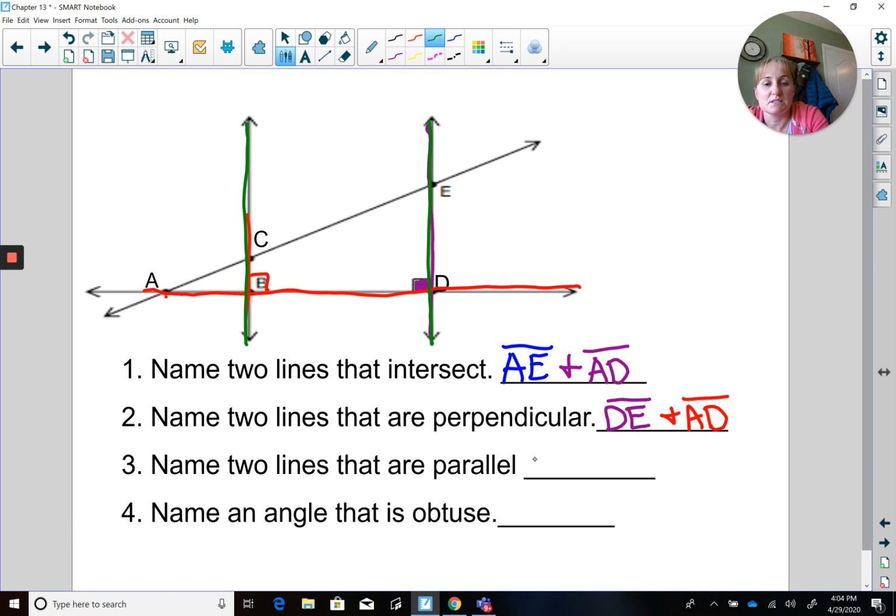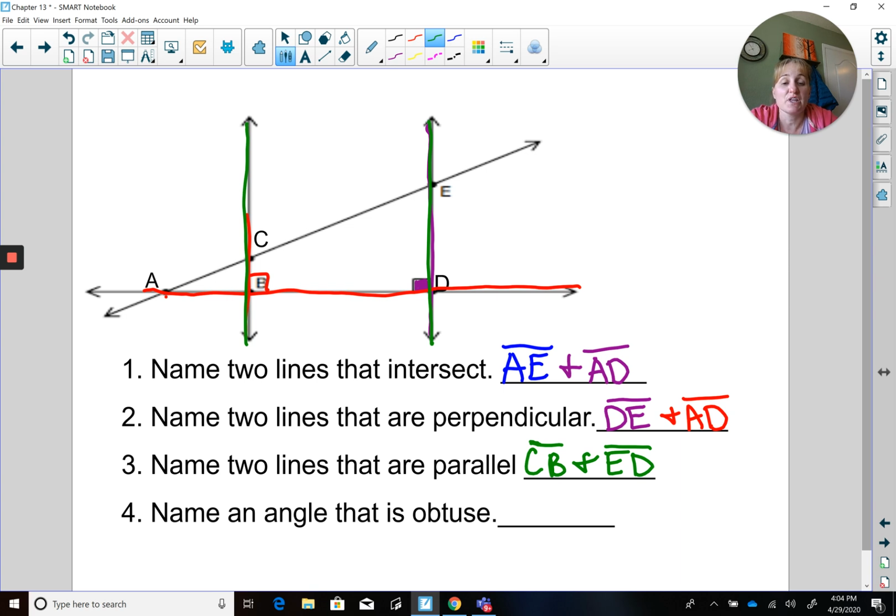So we have line CB, and this line over here, ED. So if you just flip-flopped the letters around, that's okay. Still going to give you that same line. All right?